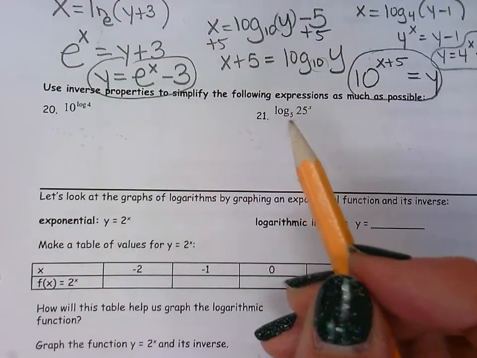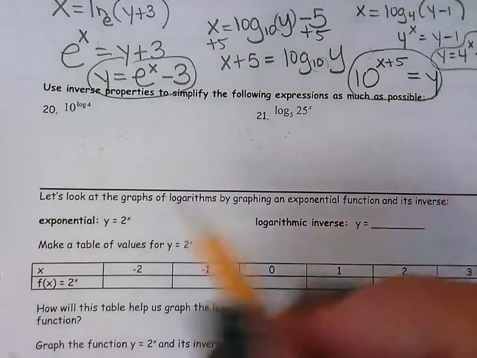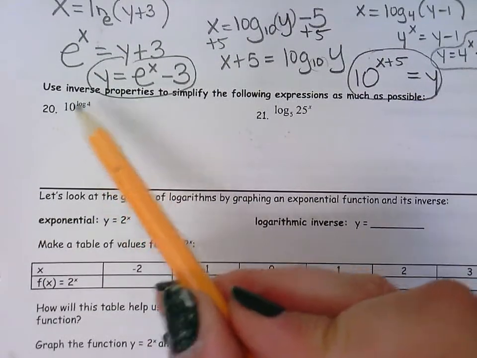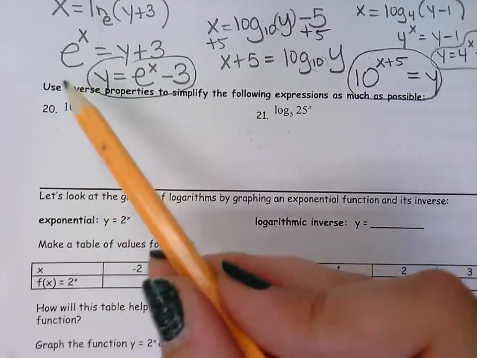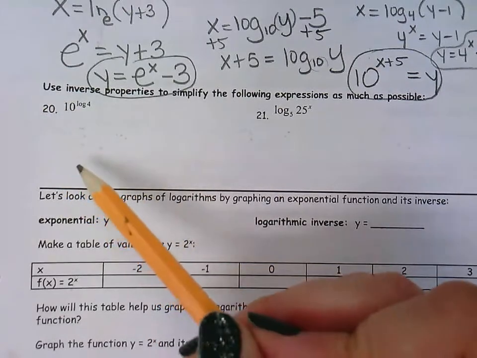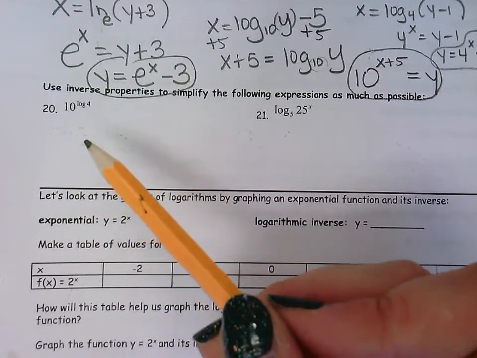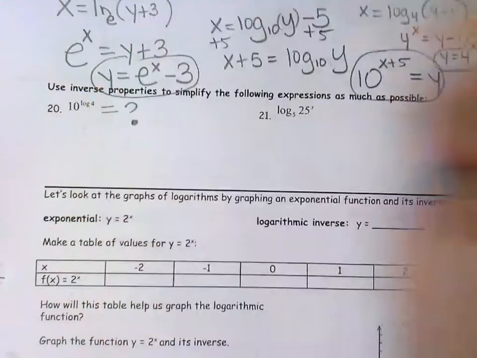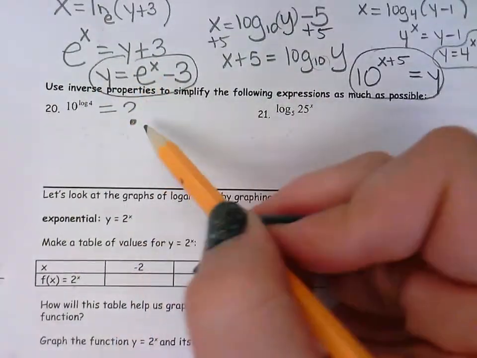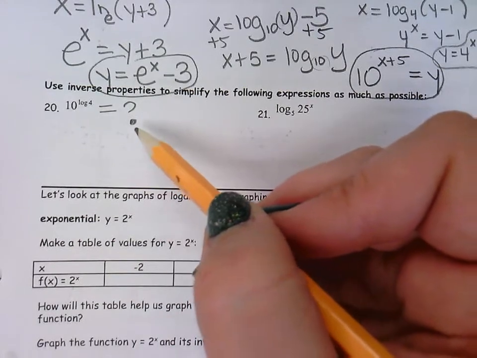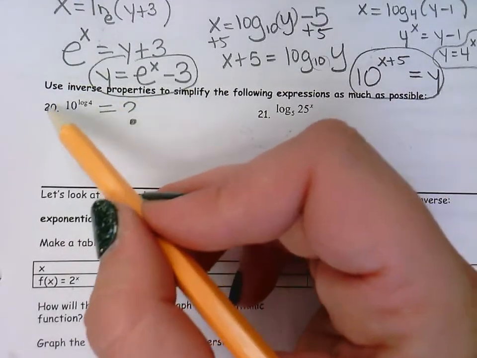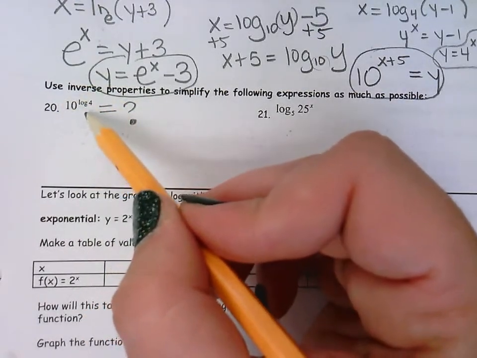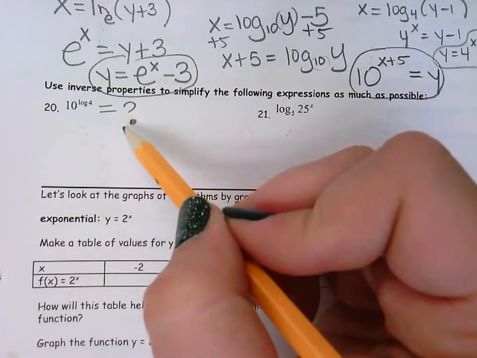It's not actually as bad as it looks. So because exponents and logs undo each other, the answer to number 20 is just 4, but I wanted to show you the why. So if I write equals question mark, I'm trying to evaluate what this is equal to. When in doubt, change form. So if you don't know the answer to this exponential problem, try to change form into a log function.